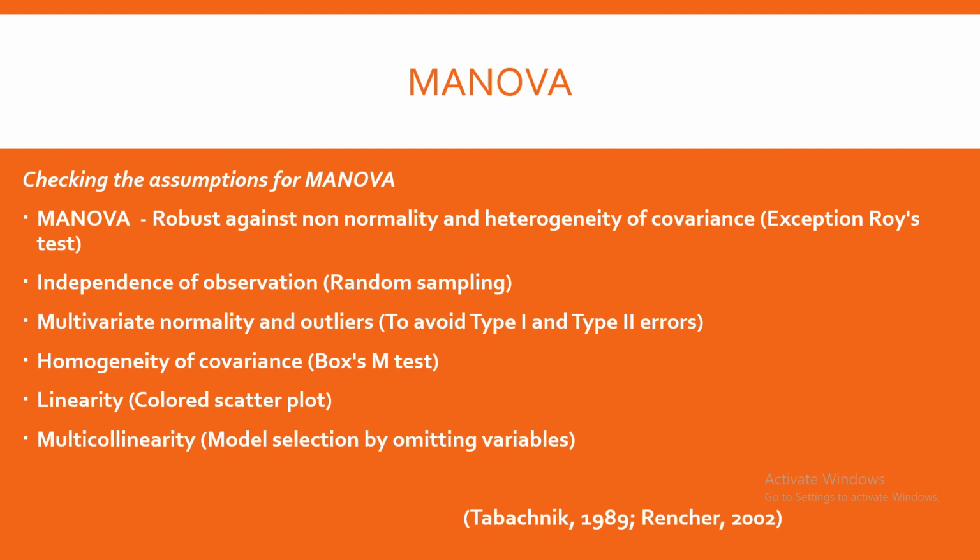After that, we also have to check another assumption, multicollinearity. If multicollinearity is very high, like 0.9 or 0.99, then we cannot perform this test. That's why, if we can identify which variables are multicollinear with other variables, we should omit them from the model. So these are the assumptions of MANOVA.